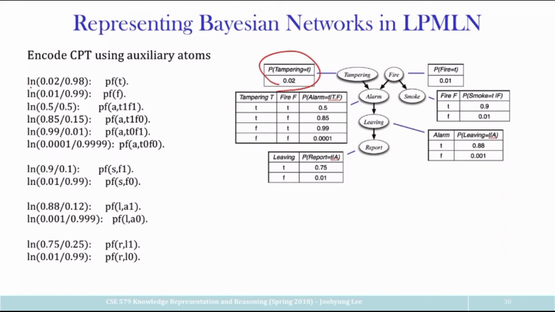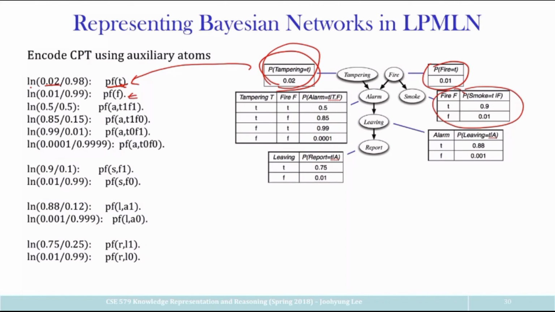So here you see this one entry: the probability of tampering becoming true. Let's introduce a so-called PF atom. This is a so-called probabilistic fact. So tampering becomes true with a 0.02 chance, right? This can be encoded in this line. And of course, this one will be encoded by this. Let's look at this one.